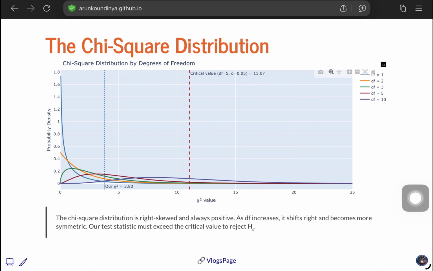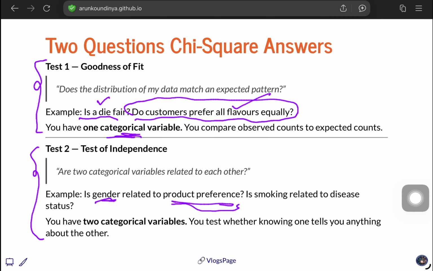A chi-square distribution varies by degrees of freedom. The more degrees of freedom, it becomes a little bit more symmetric. What is degrees of freedom, which I told you I'll tell later? We have two different tests: test one is goodness of fit and test two is test of independence.